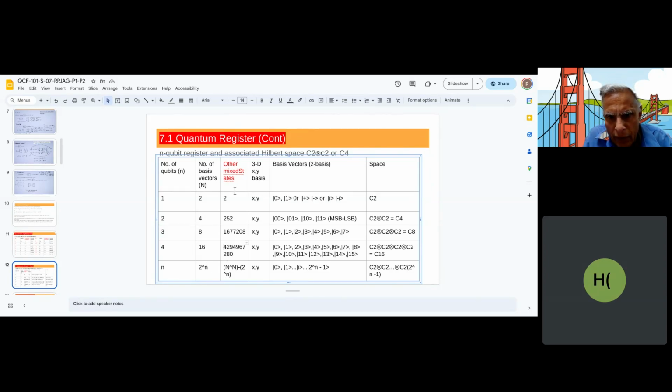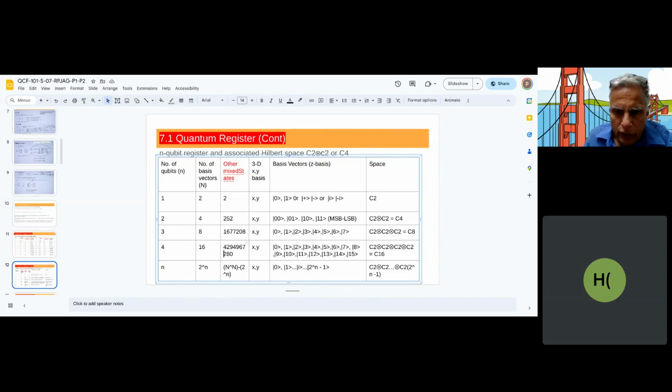Accordingly, this is the formula, N to the power N, where capital N stands for the number of basis vectors, and 2 to the power n. Other mixed states can have something non-zero in terms of entanglement. How much non-zero entanglement will depend upon the combination thereof, how the environment is, and how these are entangled.